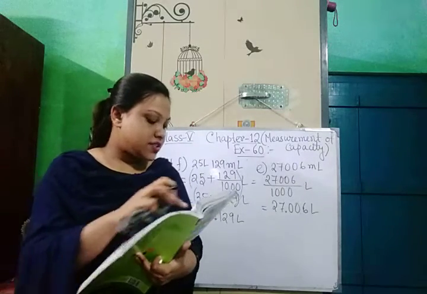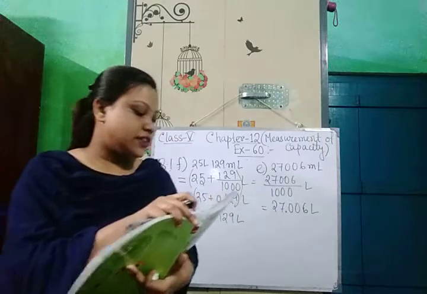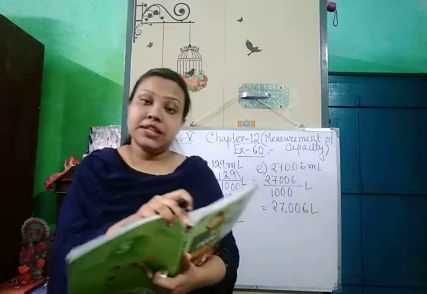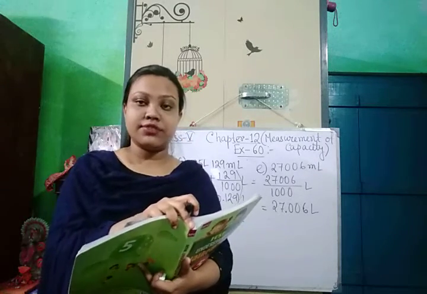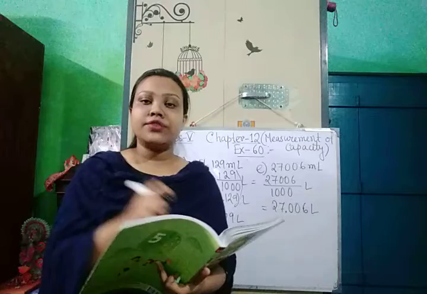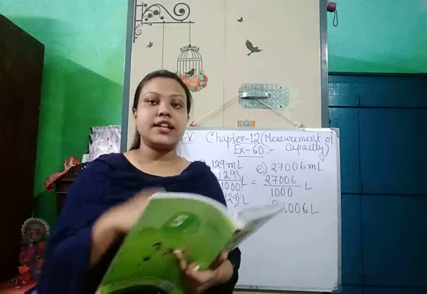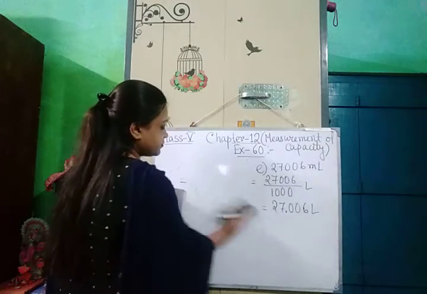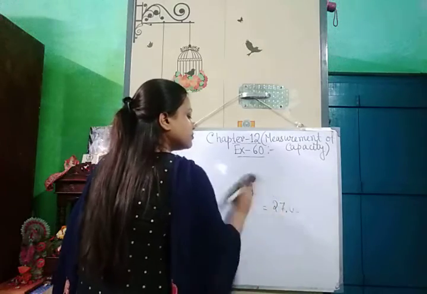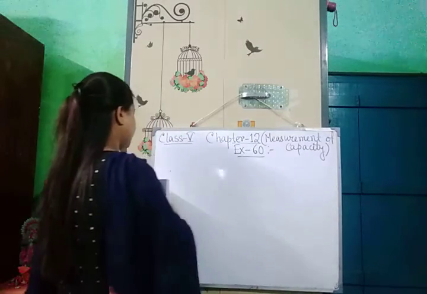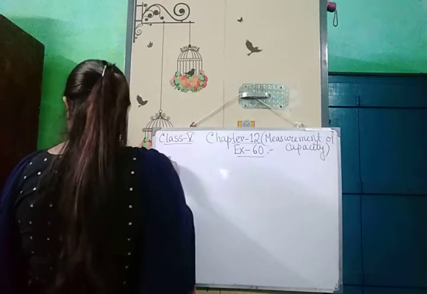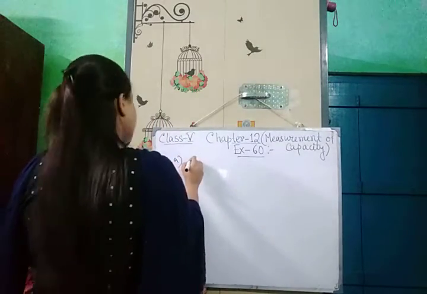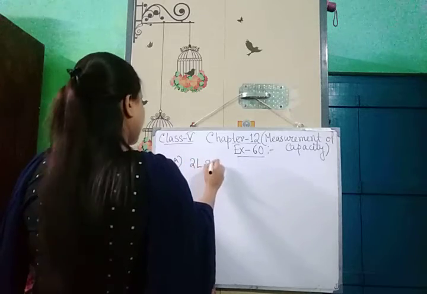Now next, question number 2 is convert into milliliters. Liters are given, we have to convert to milliliter. So how can we convert liter to milliliter? I have told you, by multiplying by 1000. I am doing question number 2's A, which is 2 liter 35 ml.